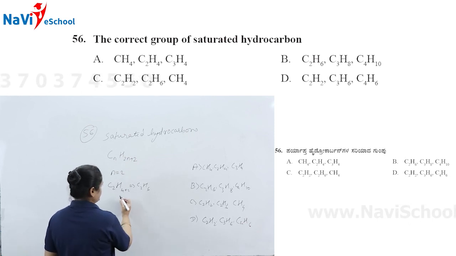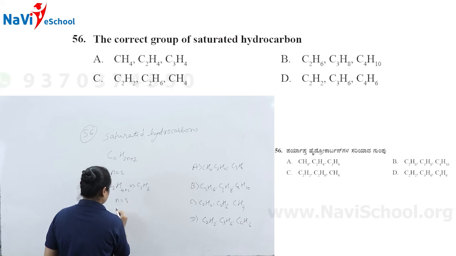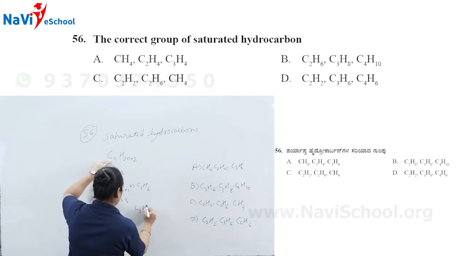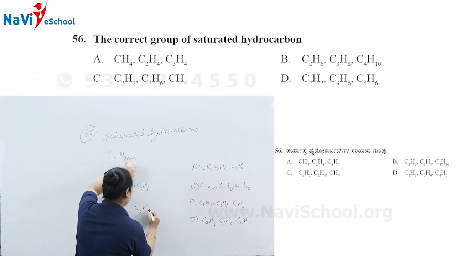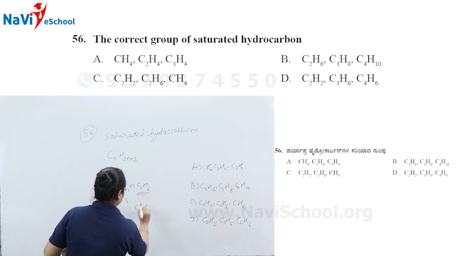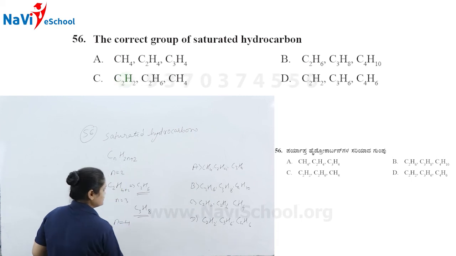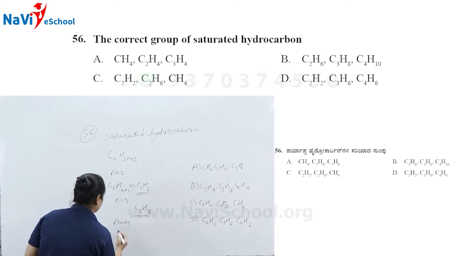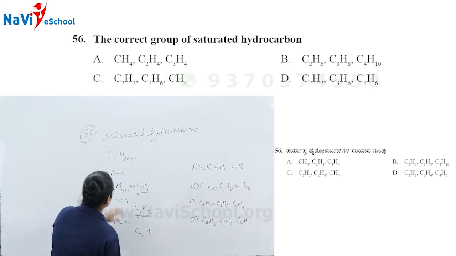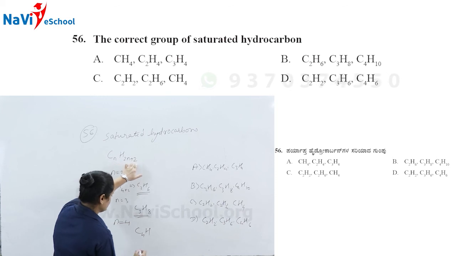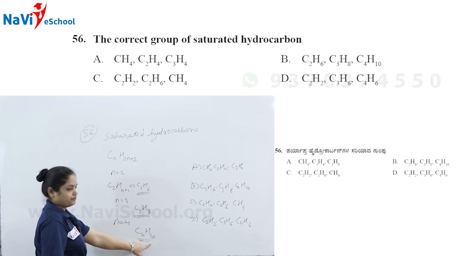If you put n equal to 3, you get C3H, 3 2s are 6 plus 2 gives 8, so C3H8. If n is equal to 4, you get C4H, 4 2s are 8, 8 plus 2 gives 10, so C4H10.